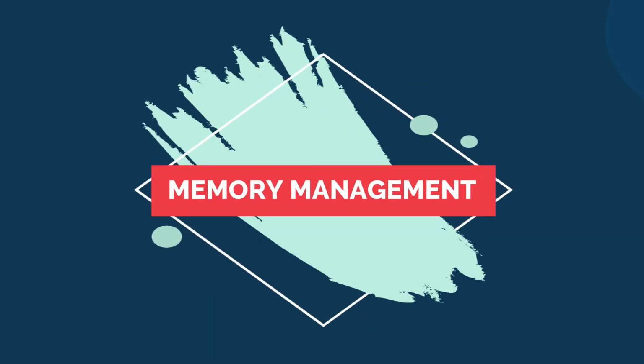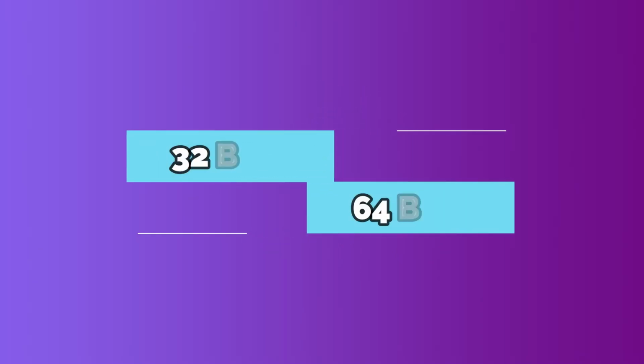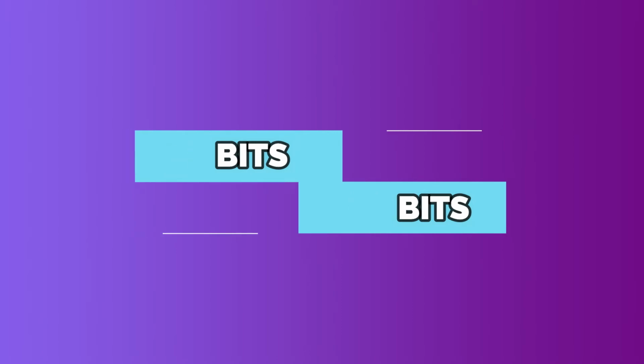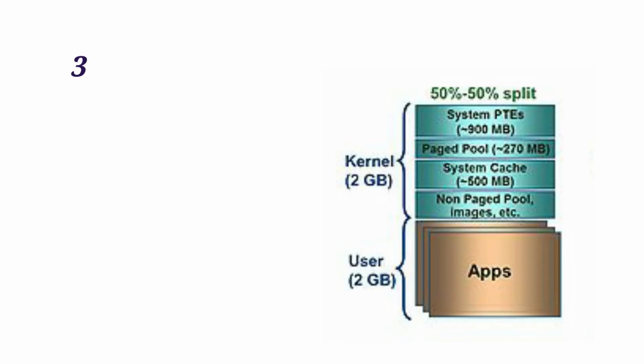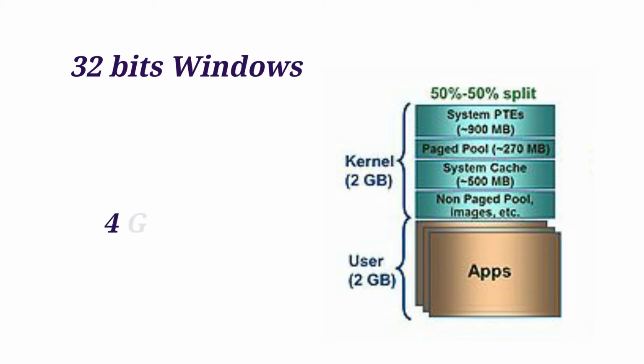So we're going to move to memory management of the operating system. It has 32-bit and 64-bit versions. I'm going to explain the 32-bit first. The default 32-bit Windows configuration provides up to 4 GB. The addressable memory space is shared and divided equally between active applications and the kernel.